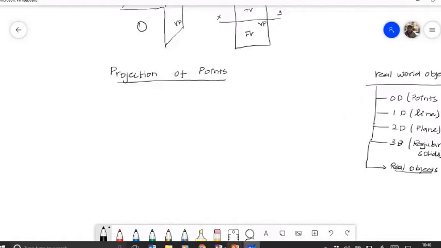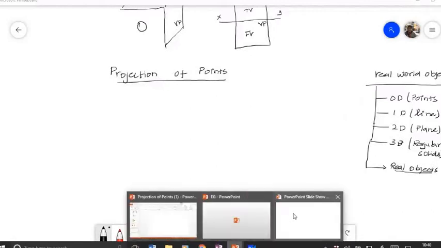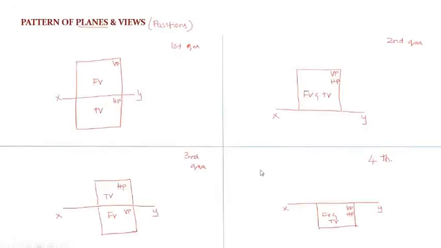Before getting into that, I just want to add one point here. The first angle projection and the third angle projection, if you could recall a few slides before, in the types of projections under multi-view, I showed only first angle and third angle.